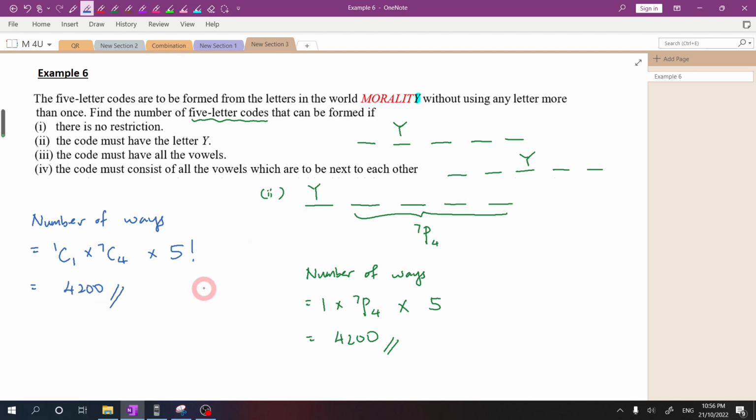Okay, let me explain it again. This will give you how many groups. The order of arrangement is not important. And why do I multiply by 5 factorial? Because this is talking about code, right? So the order is important. So since we have 5 letters, the number of arrangements will be 5 factorial for each group. Okay, so the answer is 4200. No matter whether you use this method or that method, you get exactly the same answer.